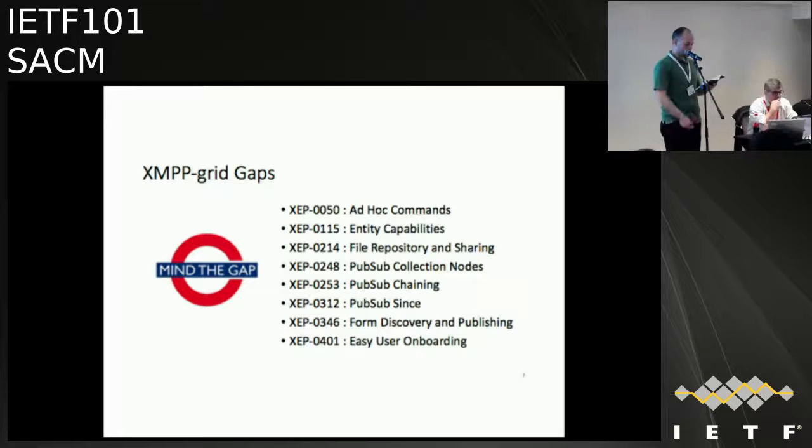PubSub chaining allows for federation of different PubSub nodes. If we had a scenario with a policy repository in a remote location and a local policy repository, it would forward that information back and forth through the chaining.